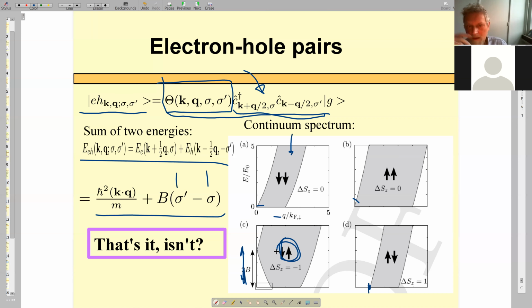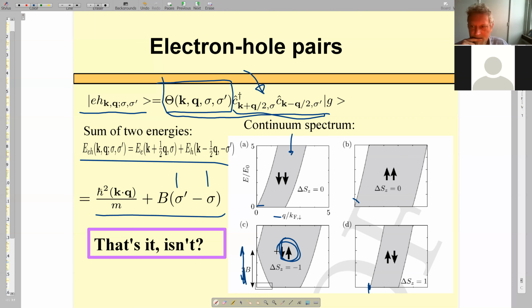All right, so it's obvious one can go further. One can consider excitations with 3 electrons, 1 hole, with 2 electrons, 2 holes. It will be a rather boring job. One can do this.